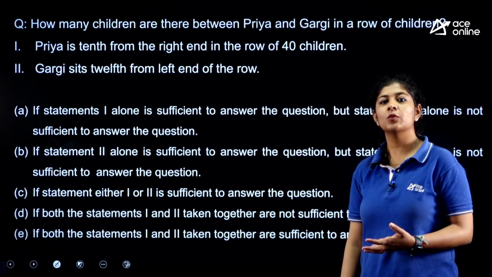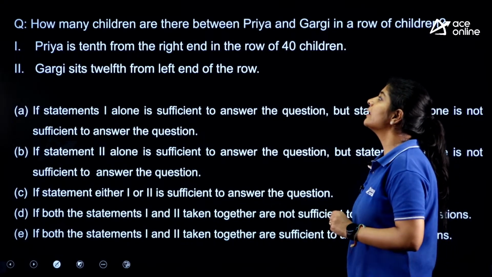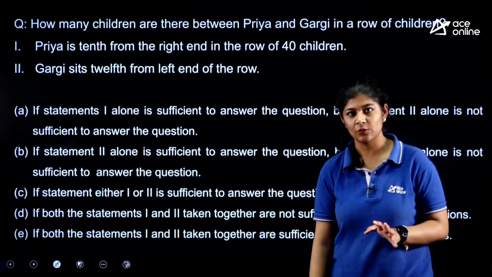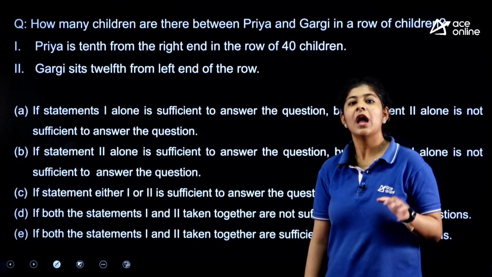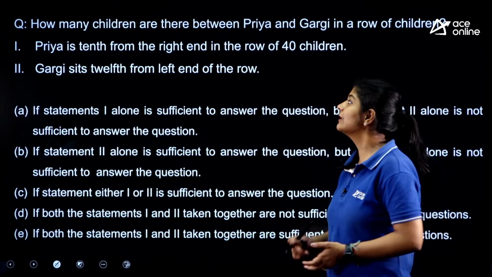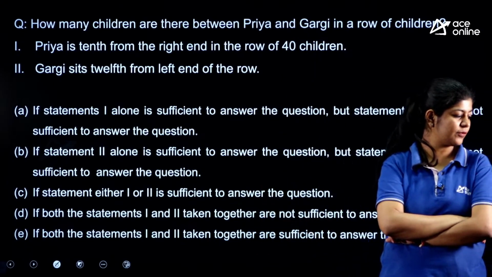First, we simply need to read the question. How many children are there between Priya and Gargi in a row of children? This is the question. Now I have statement number 1 and statement number 2, and accordingly I have to decide which statement is sufficient to answer this question. So what answer are you getting? Anyone in the comment section?